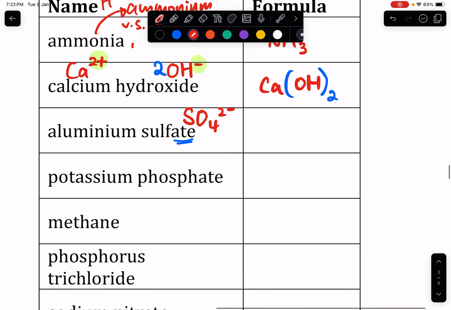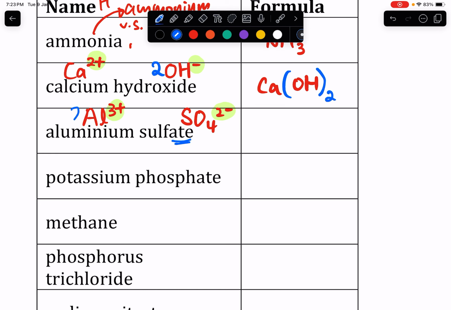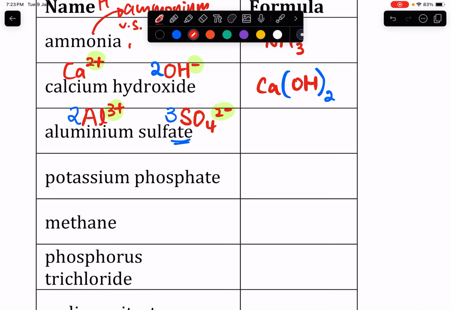If it loses 3 negative electrons, it is 3 plus. Again, I have a 3 plus and a 2 minus, so how do I balance it? Must make it 6, so times 2 and times 3. Aluminium, then add a subscript 2, sulfate SO4, then the whole thing in a bracket and multiply by 3.